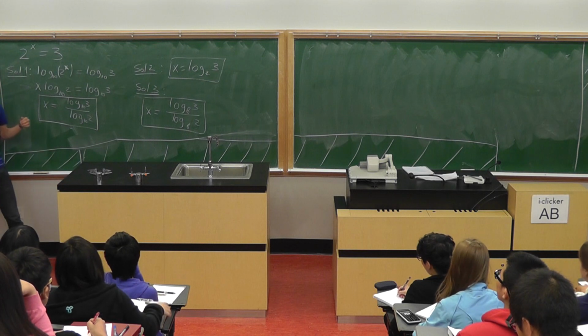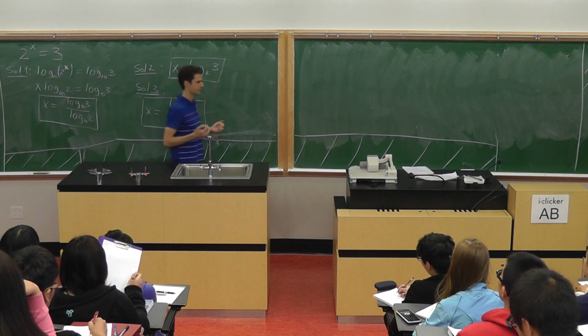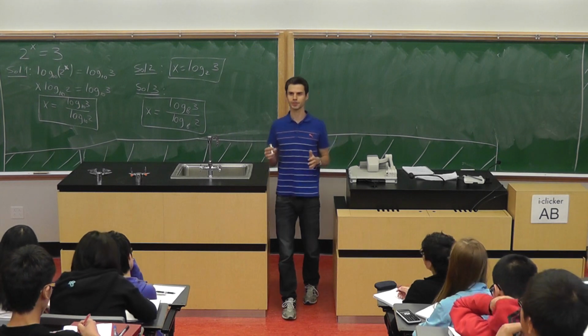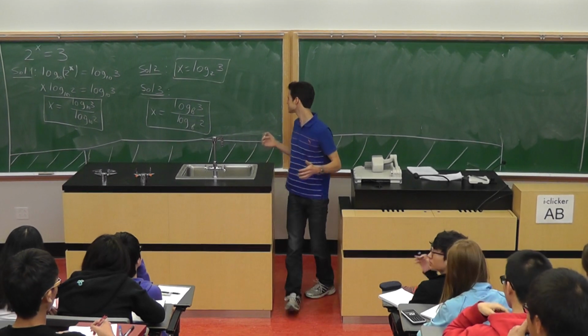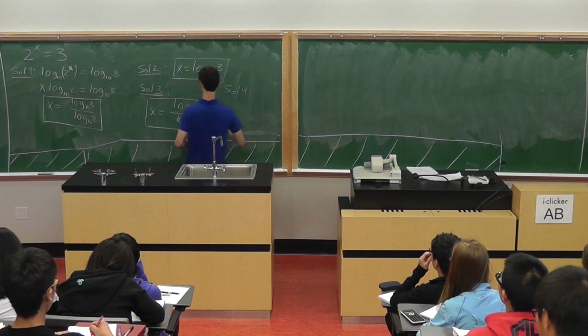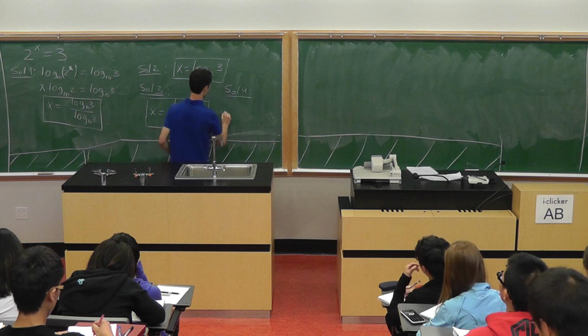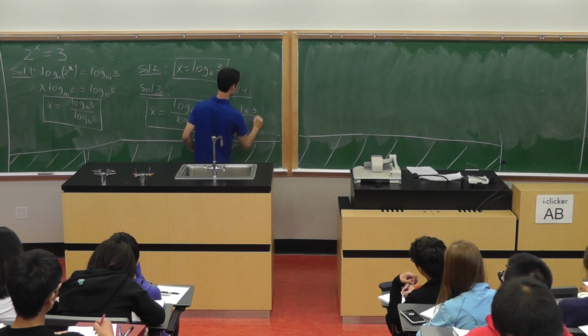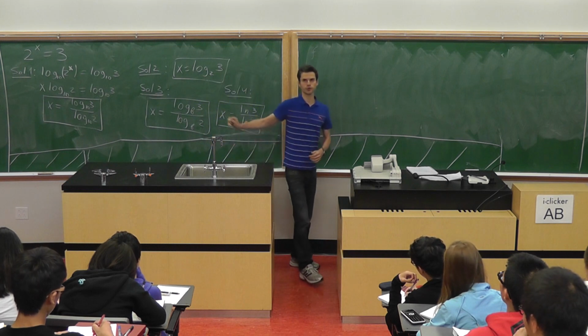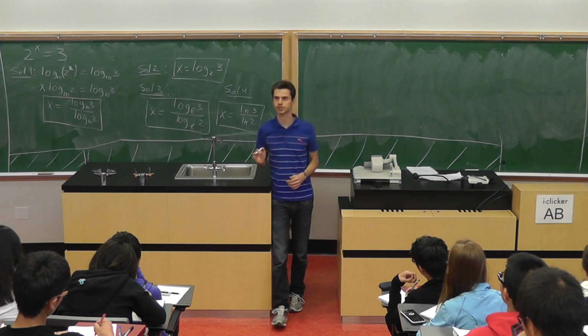Same thing. And of course, if you listened last time and learned that the natural logarithm is for some reason better than all the others, then you'll get a particular case: x is ln 3 divided by ln 2.